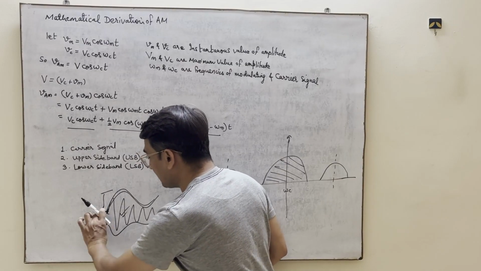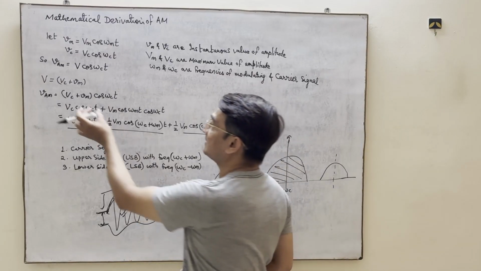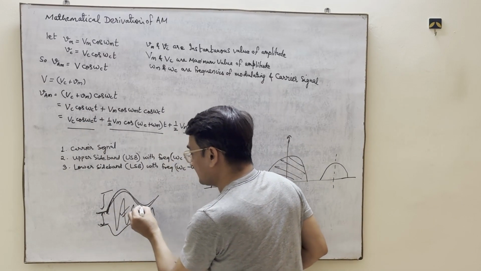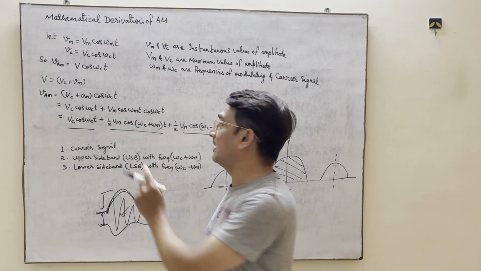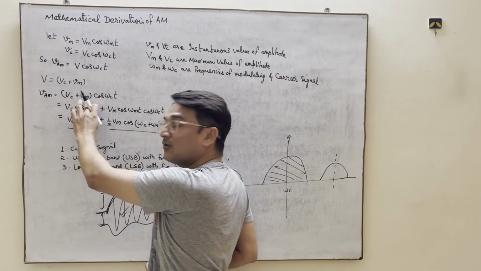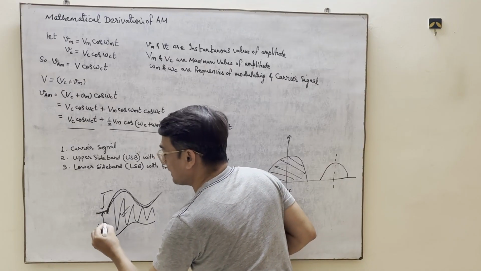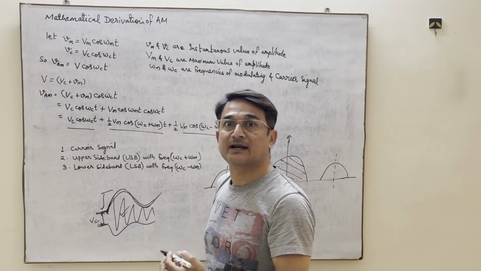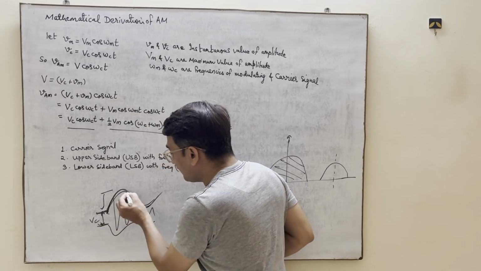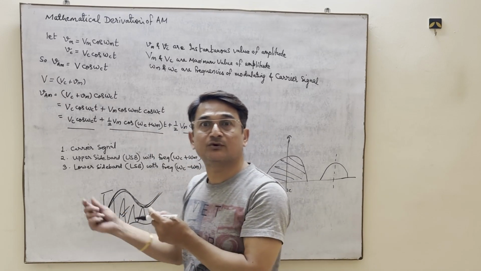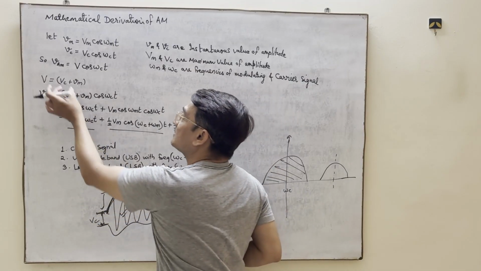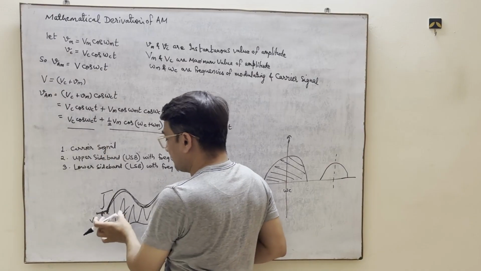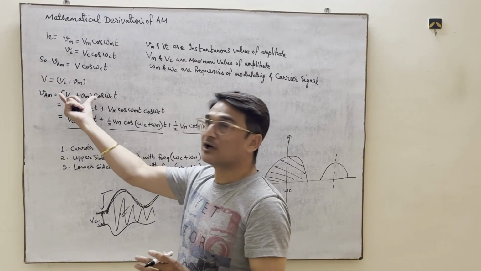This is the maximum value of the carrier signal, so we have kept capital Vc, and then this is the instantaneous value of the modulating signal. So capital Vc plus small vm. Again, this part is the maximum value of the carrier signal, and then after that it varies instantaneously according to the value of the modulating signal. So capital V can be replaced with capital Vc plus small vm. This is the amplitude of the amplitude modulated signal.